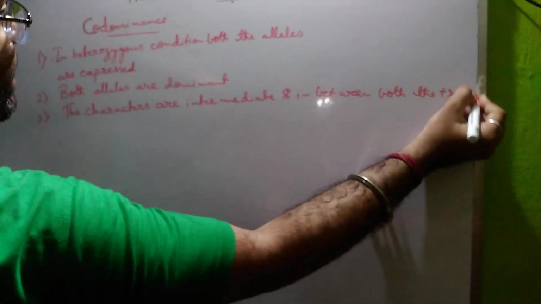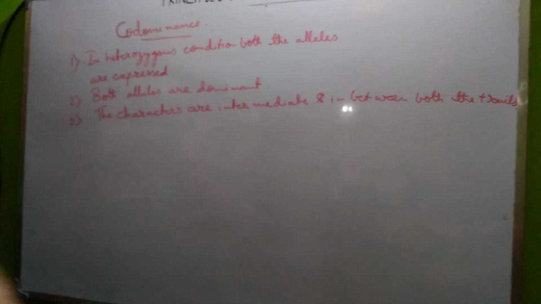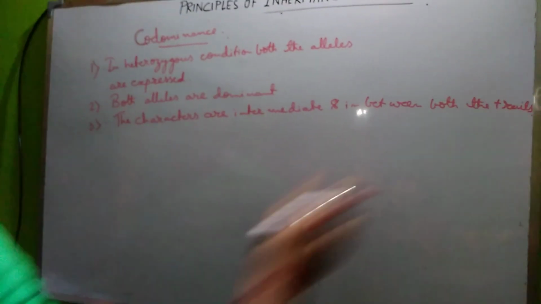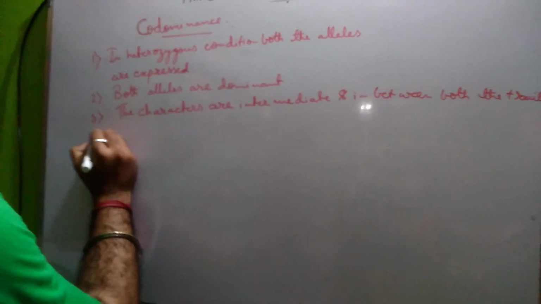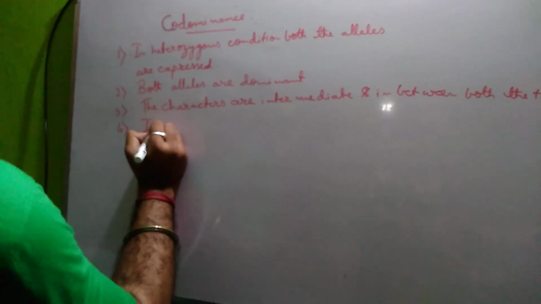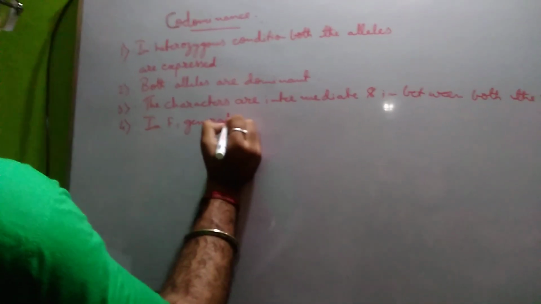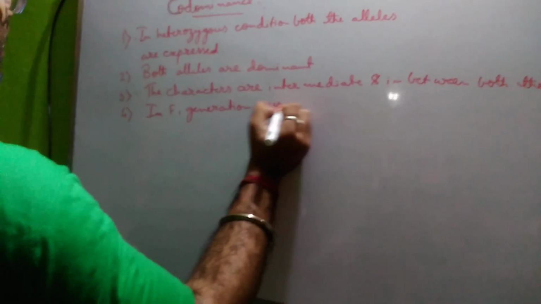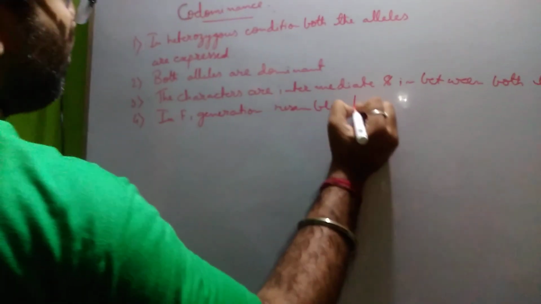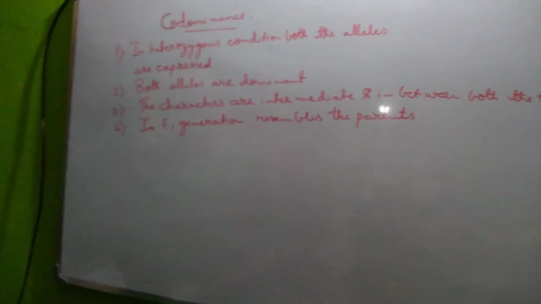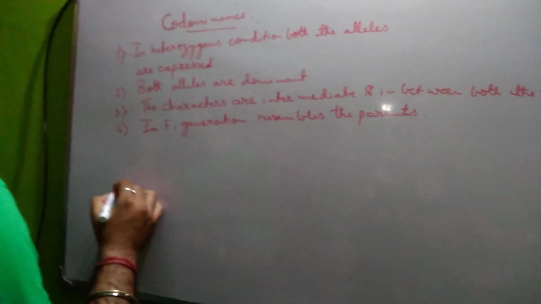Remember, in incomplete dominance I say that the traits are intermediate, but they are not in between both the traits of the parents. Fourth point is, the F1 generation resembles the parents. Means in the F1 generation only the parental generation will be resembling.